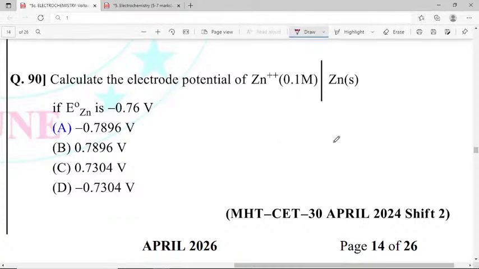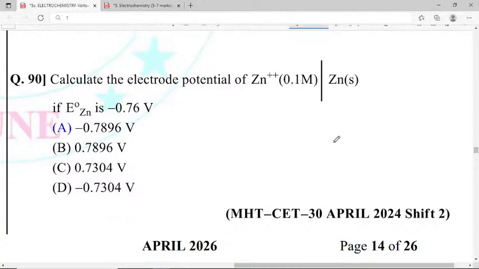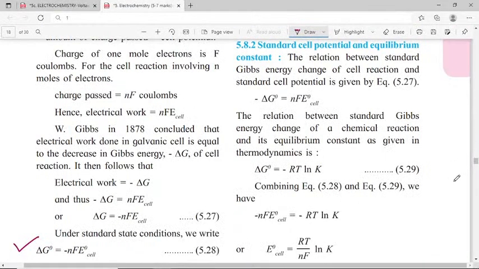Calculate the electrode potential of Zn2+. Repeat question. Repeated 2023-22. Electrode potential of Zn2+. Nernst equation. We have to use the Nernst equation here.